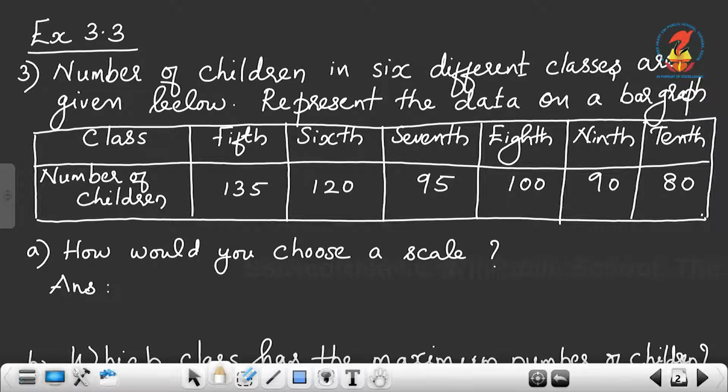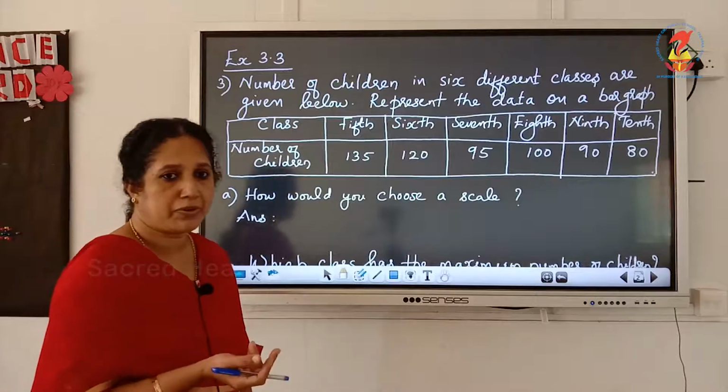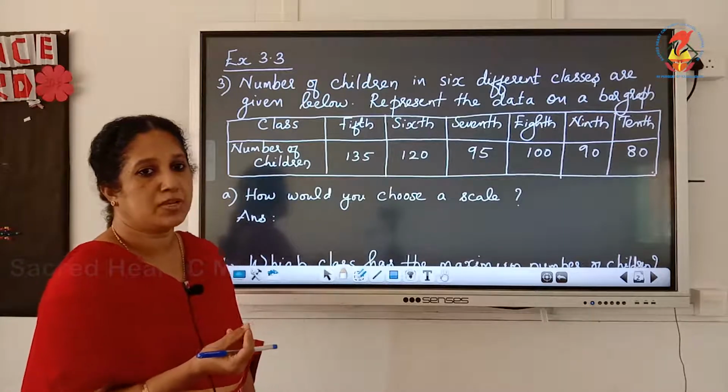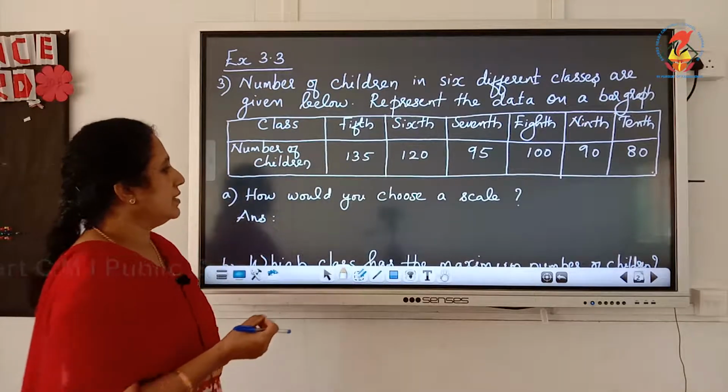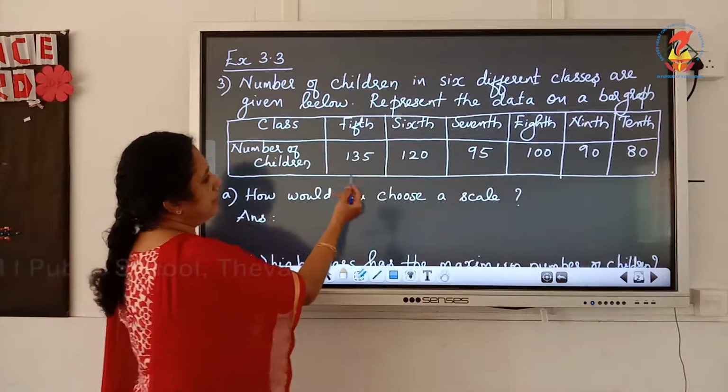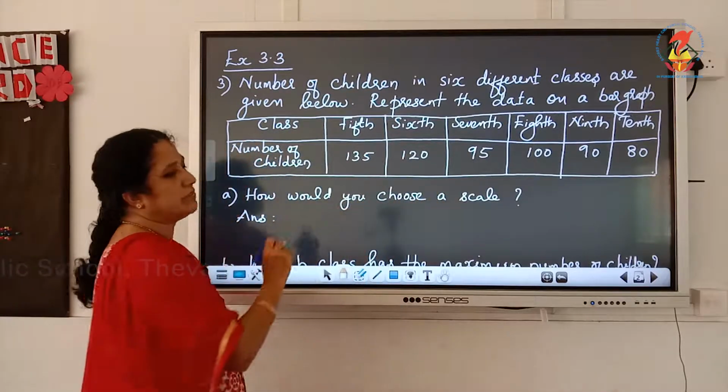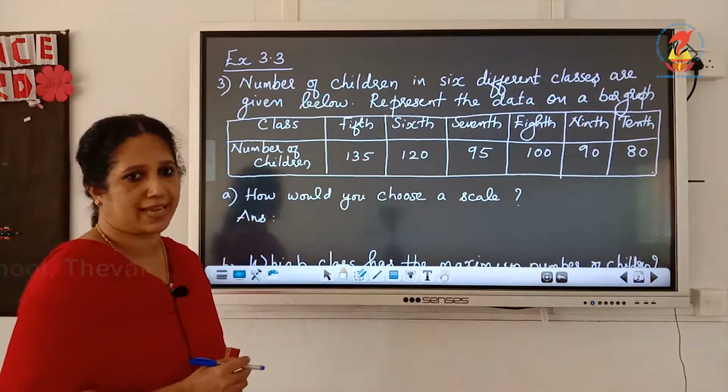Then first part of the question, how would you choose a scale? So before drawing the bar graph, we have to select or choose the scale. Then look at the values. Based on the values, you have to select the scale.